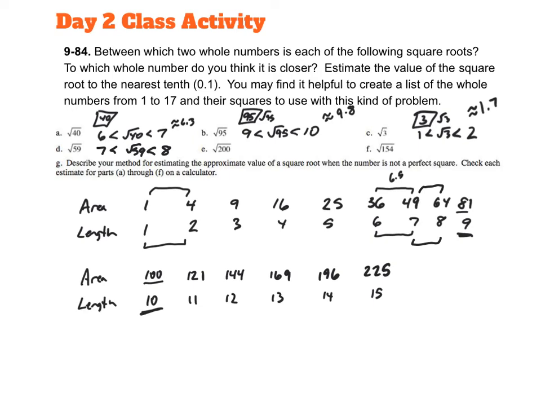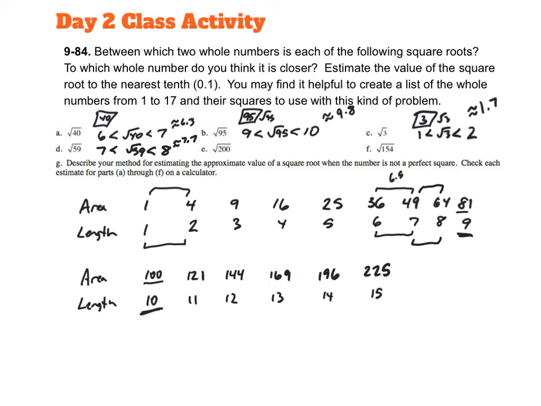And 59 compared to 49, that's 10 away. So that's going to be closer to 8 than it is to 7. And again, I'm just going to make an estimate here. We're going to say 7.7, and I'm going to check that out. 7.7 squared. Wow, pretty good, Mr. Schwen. 59.29. So I'm going to be okay with that estimate there.